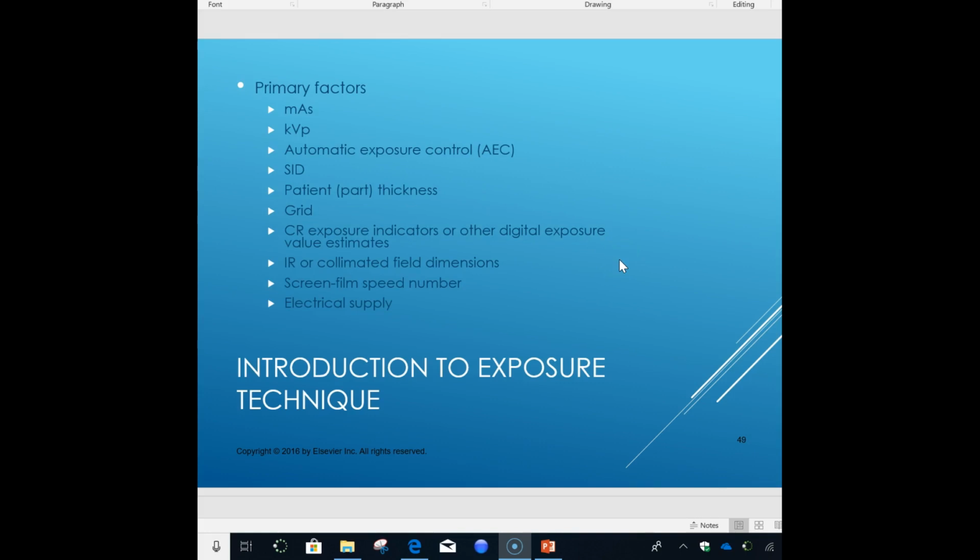Primary factors to the introduction to exposure techniques. Primary factors are mAs, kVp, which we touched upon, the automatic exposure control, SID, patient part thickness, grid, the CR exposure indicators or other digital exposure value estimates, IR or collimated field dimensions, screen film speed number, and electrical supply.